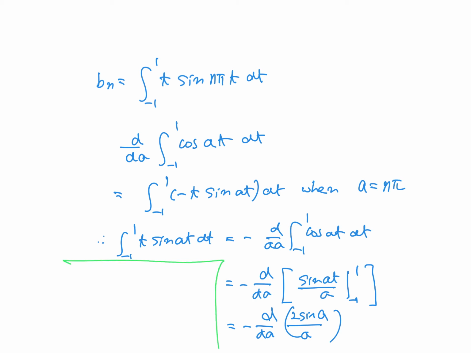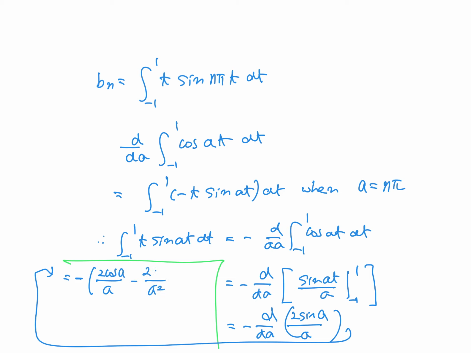Then this is minus [2 A cosine A minus 2 sine A over A squared].